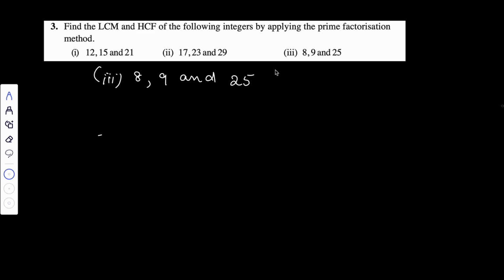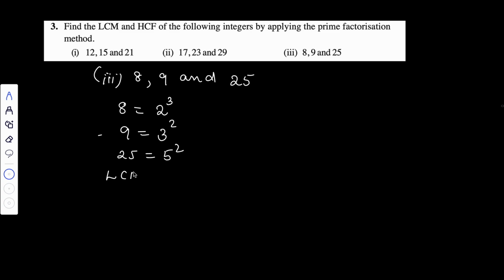We are going to the third sum in this. 8, 9 and 25. 8 is 2 cube, 9 is 3 square and 25 is 5 square.